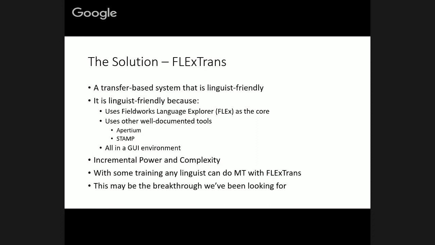You can still kind of use the stealth to wealth approach that we've talked about in SIL, where you can start simple and get more complex. And I think with some training, linguists can really do this machine translation with FLEXTrans. And this could be the breakthrough that we've been looking for, or at least something to build on for more and more things we want to do with automatic translation.